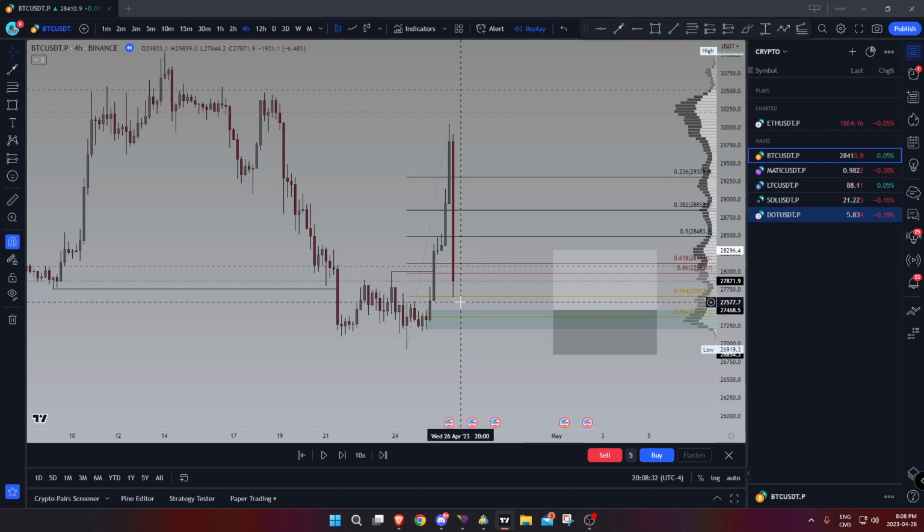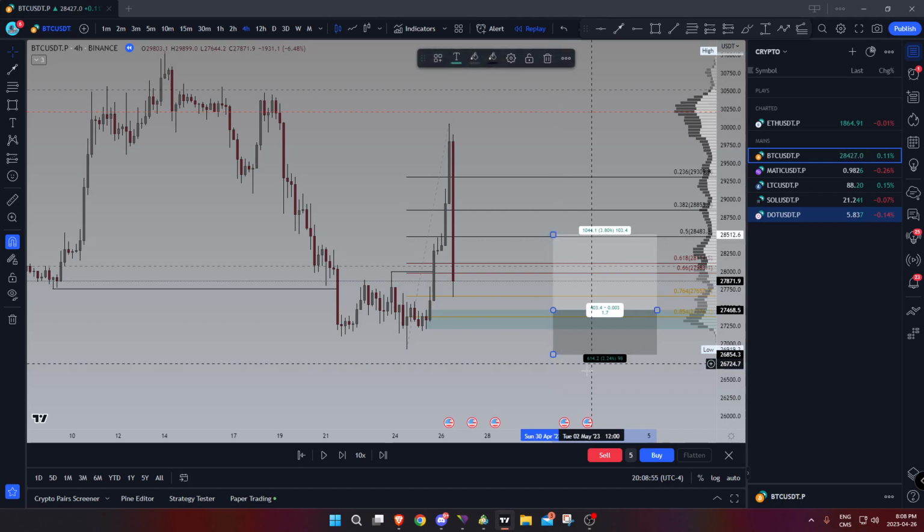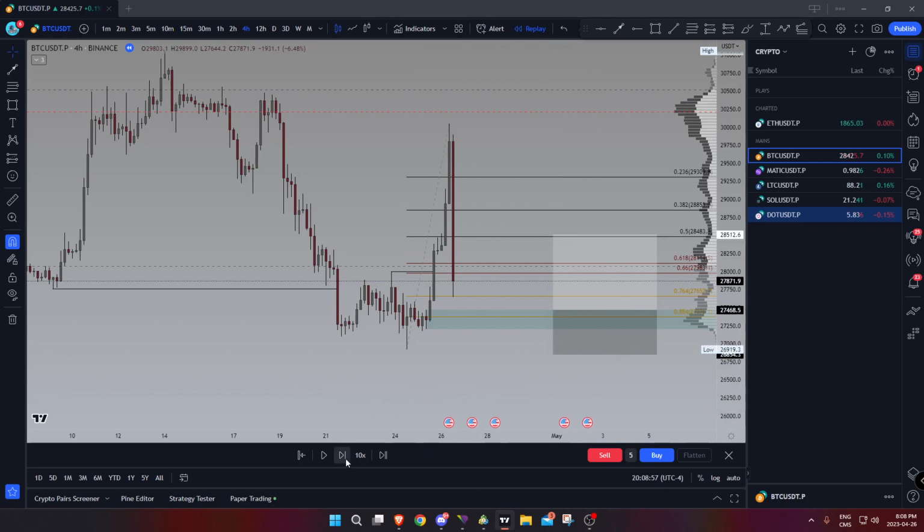Like you see, we have a perfect test of this area. We could have bounced just there and gone up, but we do have the lower one that can also be filled. So I want to position myself inside this, and the best place in my opinion is the entry of the order block, and we target 1.7. So let's just play this.